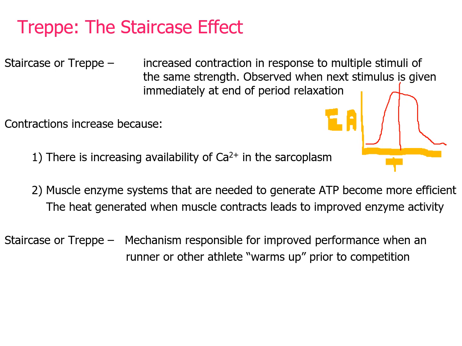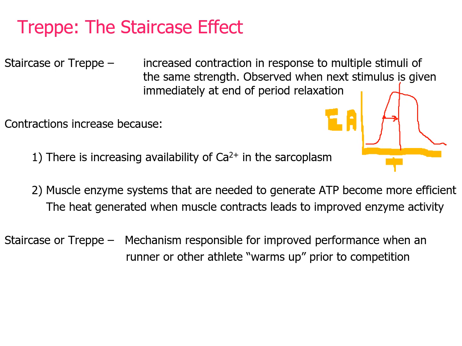So as it heats up and you move, say, from here to here, as the muscle warms up, then you increase in efficiency. And that is a large part of the cause of the staircase effect.